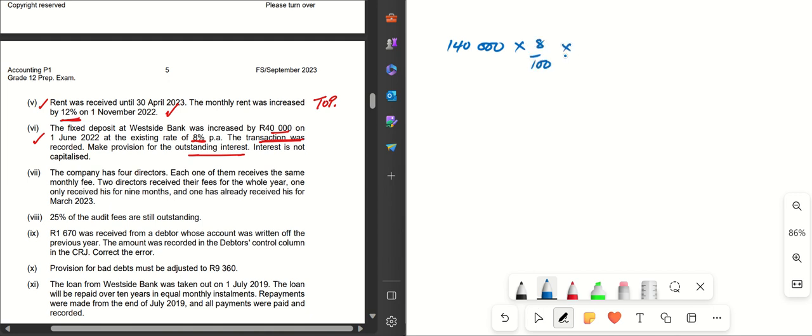And that fixed deposit, we did not have the same amount for the entire year, but it changed on the 1st of June. So it means from the 1st of March until the 1st of June. Remember, once it's the 1st of June, we're not going to count June.